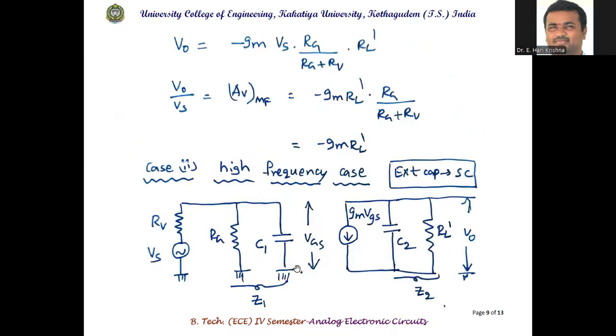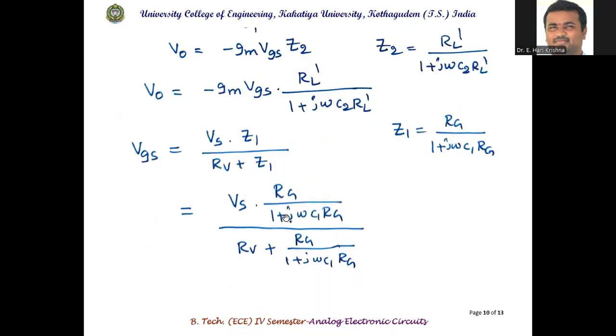So see here, VGS is the voltage across the parallel combination Z1. So VGS is Vs into Z1 by Rs plus Z1. Substituting the same, Z1 is RG by 1 plus j omega C1 RG, divided by Rs plus RG by 1 plus j omega C1 RG.